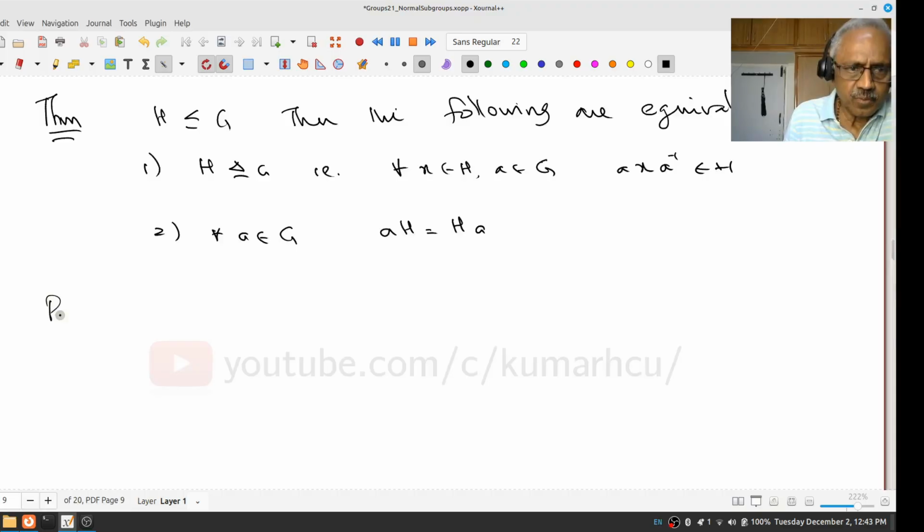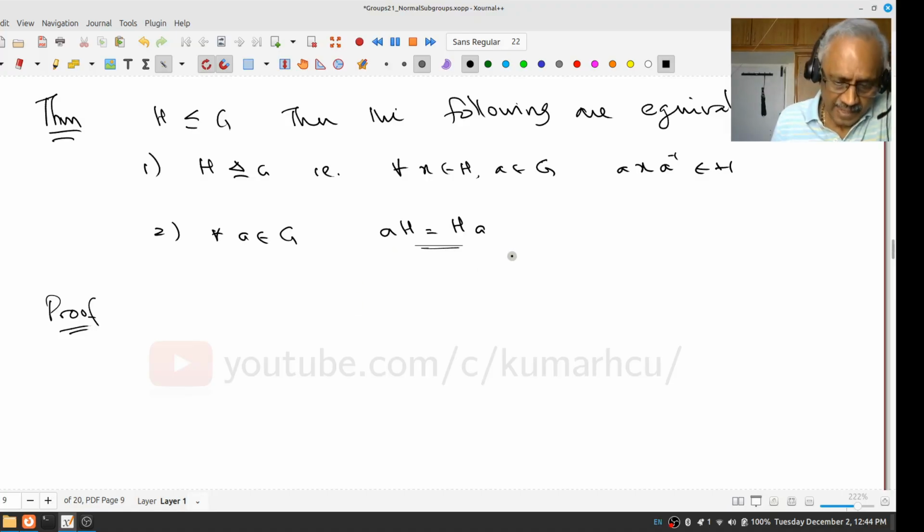The proof is easy because many times textbooks start with this definition, which is normal if the left coset is the right coset. But the importance of normal subgroups is because of the first condition. You see in all the things we used, that's the first condition.